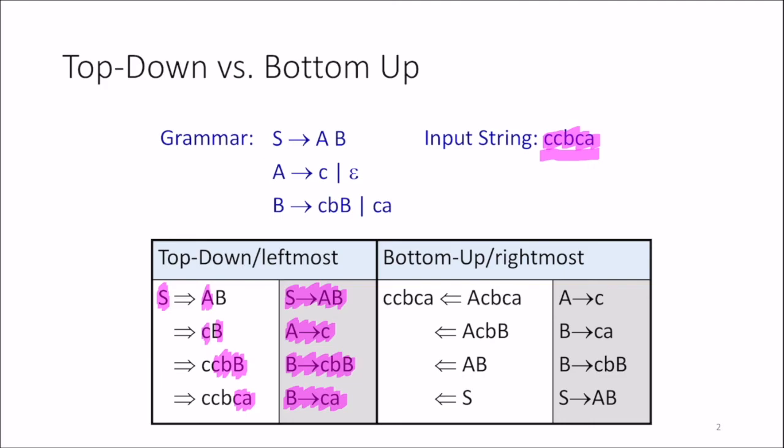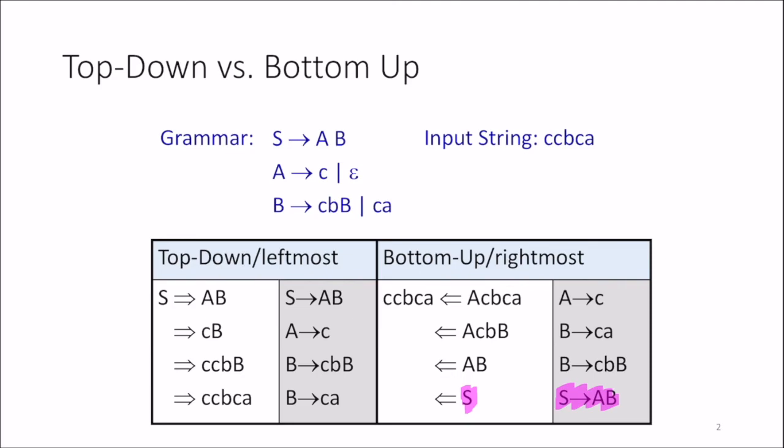And if you look at the sequence of expansions of the non-terminal, we always expand the leftmost non-terminal. But as we saw in the previous lecture, there is the leftmost derivation where you expand the leftmost non-terminal. There's also an equivalent rightmost derivation where you always expand the rightmost non-terminal. So let's look at how that goes. So if you start from the start symbol, which is over here, we expand it using the only S rule there is. So there is really no choice there. So it gets expanded to AB using this rule.